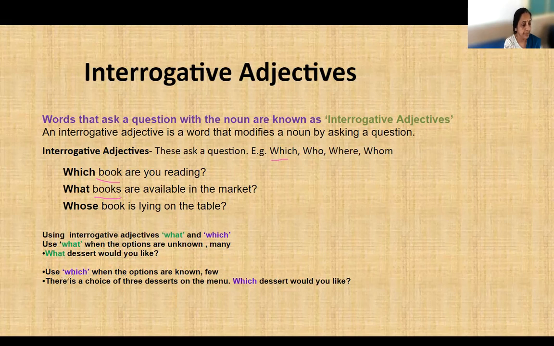Whereas use which when the options are known and there are only a few options available. There is a choice of 3 desserts on the menu. Which dessert would you like? So the options are known to you, and out of those options you need to choose. Then you will use which. Whereas what is used when you're not clear about the available options.